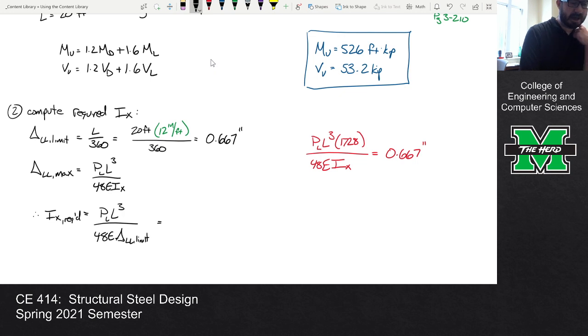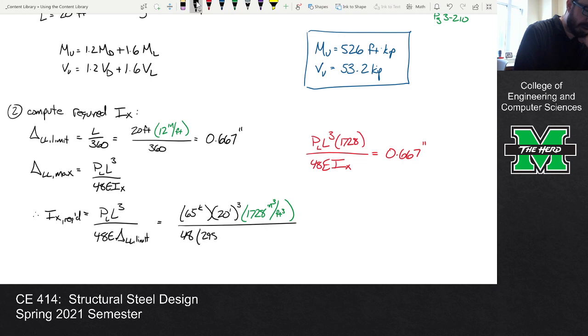That's 65 kips times 20 feet cubed, and then don't forget the conversion factor. E, hopefully by now that's burned into the back of your head.